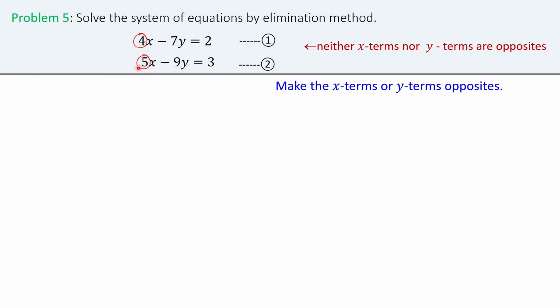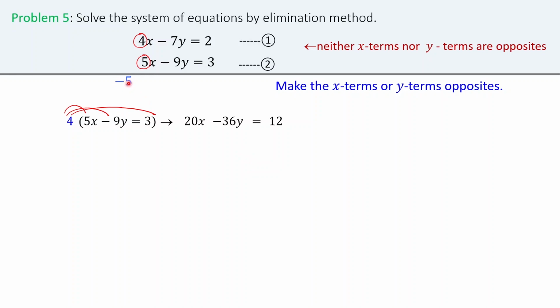Positive 5, so change this into negative 5. Now multiply this 4 with this equation. Remove the parenthesis. 4 times 5x is 20x. 4 times negative 9y is negative 36y, is equal to 4 times 3, which is 12.